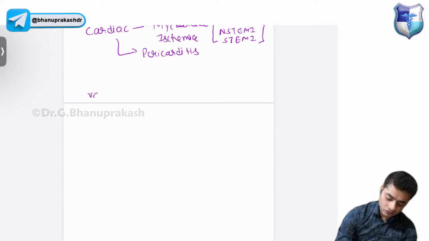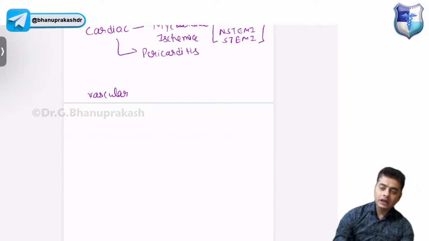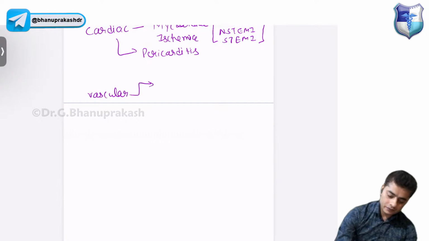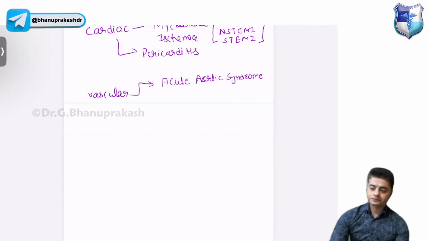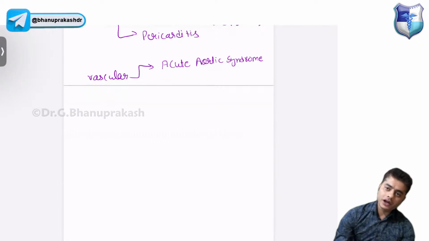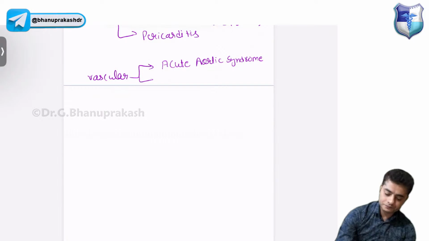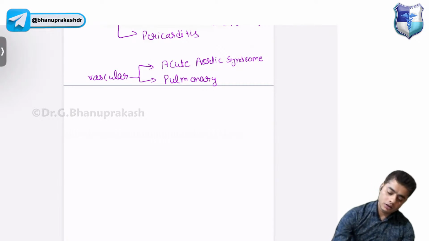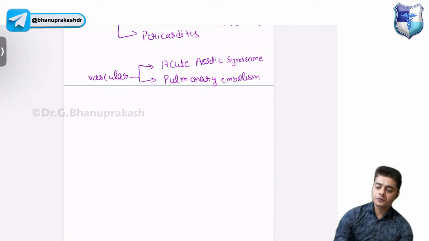Second is your vascular cause. In vascular, the most common can be acute aortic syndrome. Okay, my friends. After acute aortic syndrome is pulmonary embolism.